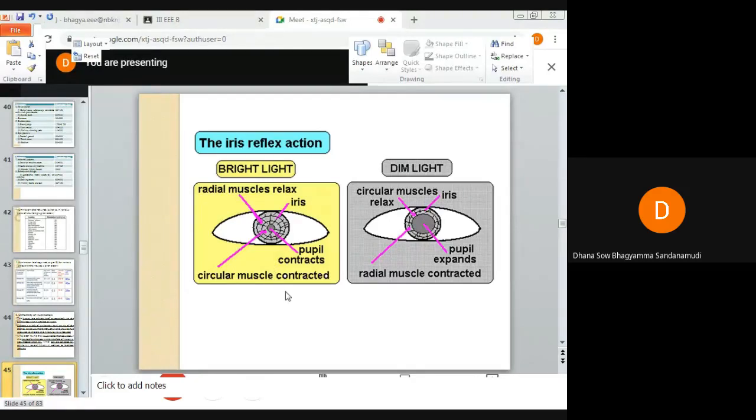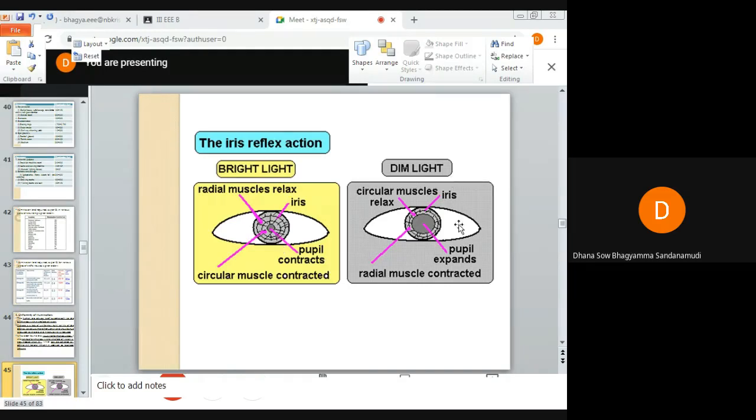So during the daytime, when everything around us is bright, the pupil of the eye will contract. The radial muscles will relax, whereas the circular muscles will contract.